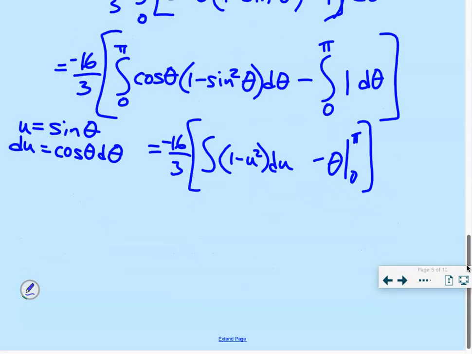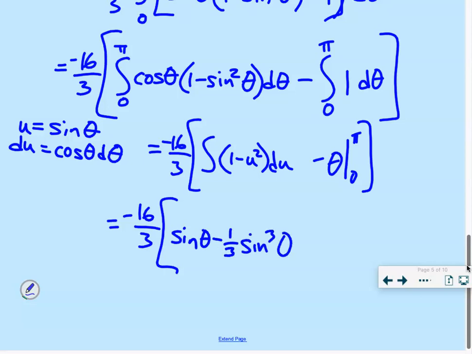All right. So now we have u, which I'm going to convert back, so sine theta, minus 1/3 sine cubed theta, and now minus theta, all evaluated from 0 to pi.